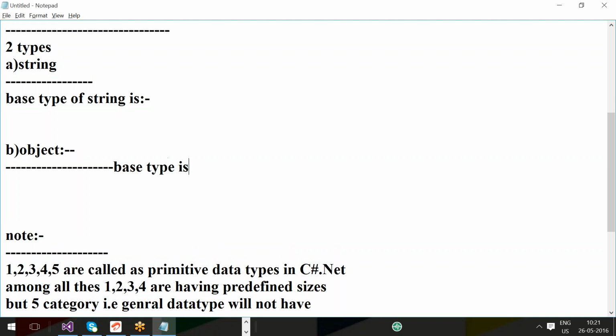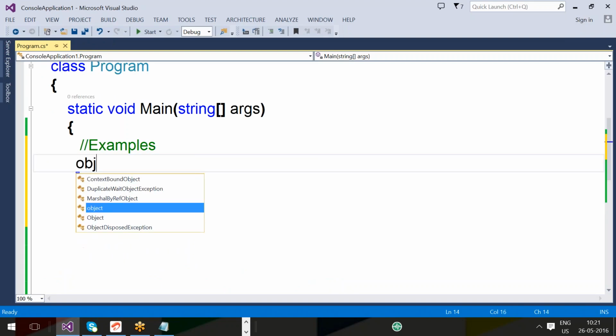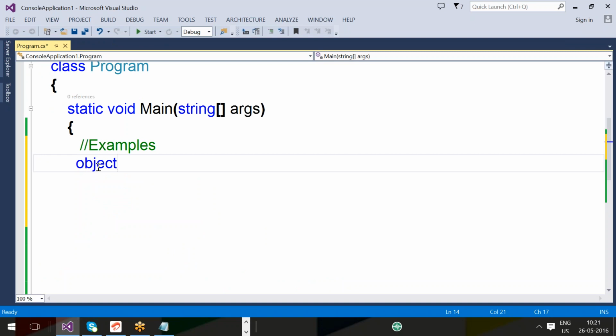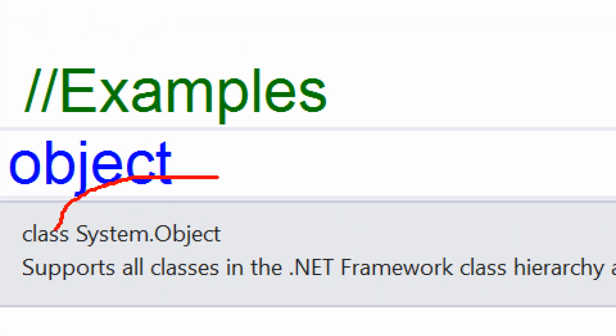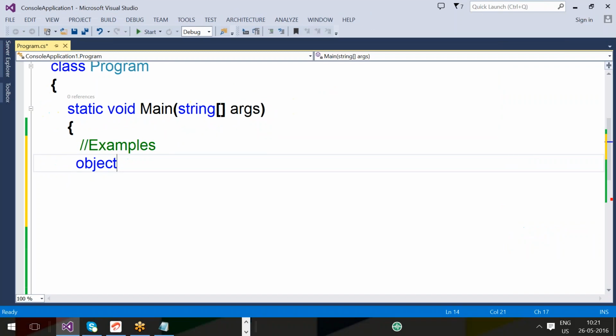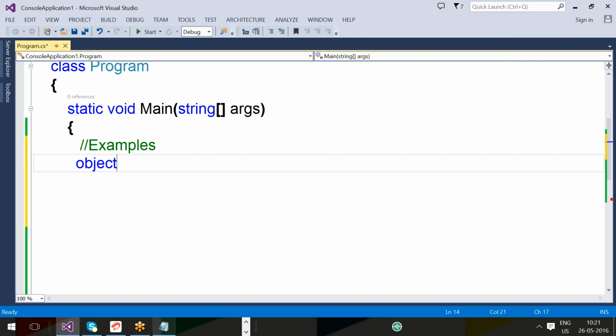The base type is System.Object. What is the base type of object? Come on. System.Object. System.Object is the base type. That you have to write here.